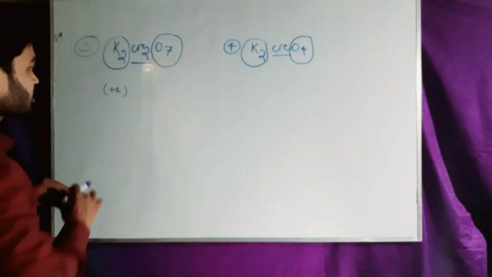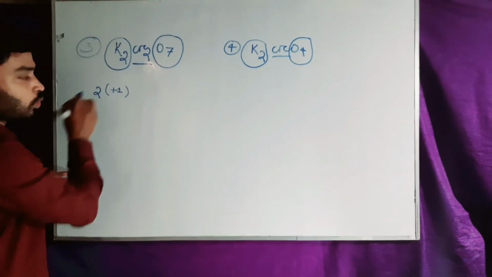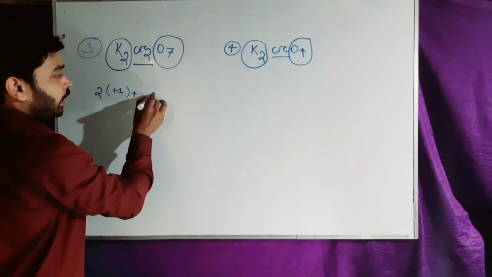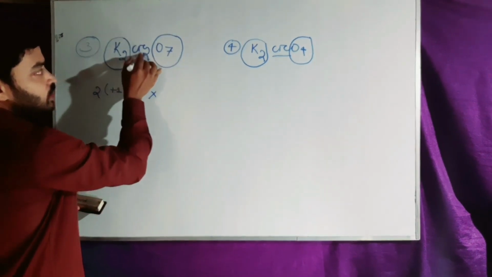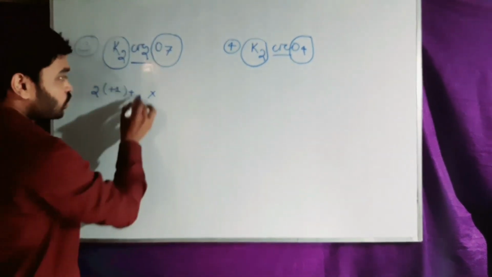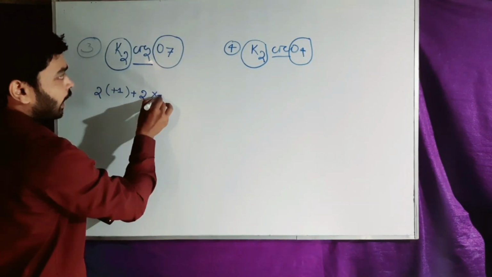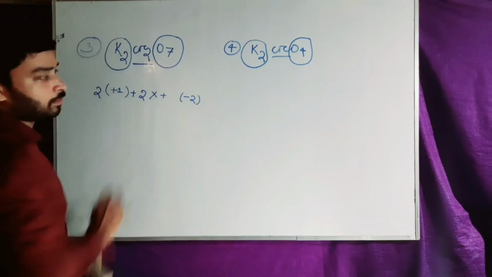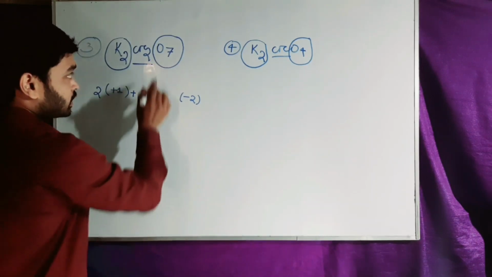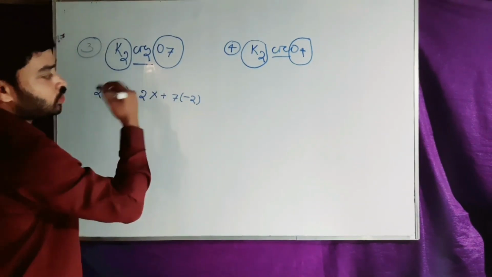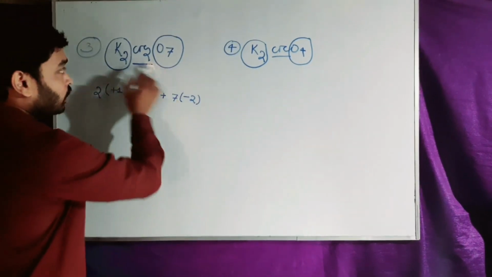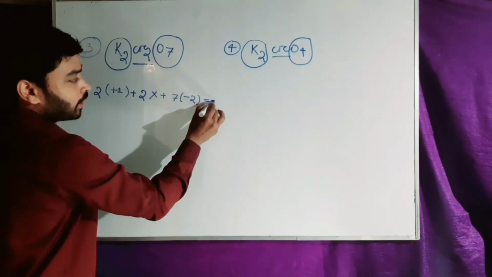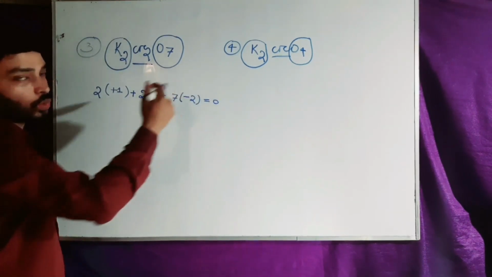Two potassium atoms are present, so I am just multiplying by 2. For chromium we take x, and there are 2 chromium atoms, so I multiply by 2. One oxygen atom has the oxidation number -2 and 7 oxygen atoms are present, so I multiply 7 with it, and the whole charge over the molecule is 0, so we equate the sum to 0.